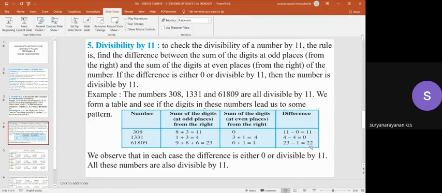If you divide 61,809, this last number, by 11 in the long division, what will you get as the remainder? Sir, 5,619. I'm asking remainder, not quotient. I'm not asking quotient. Please listen to the question carefully, my dear children.